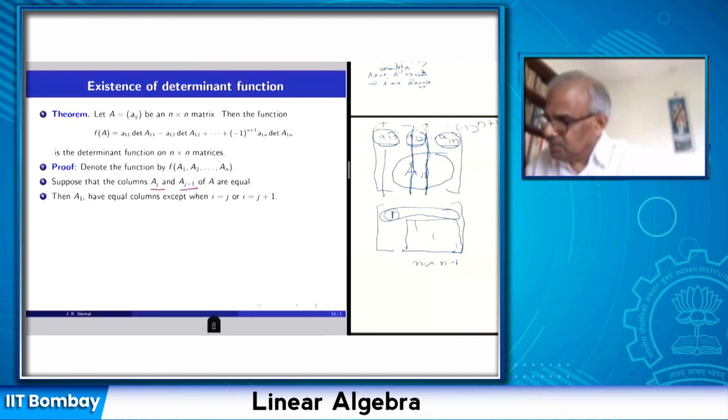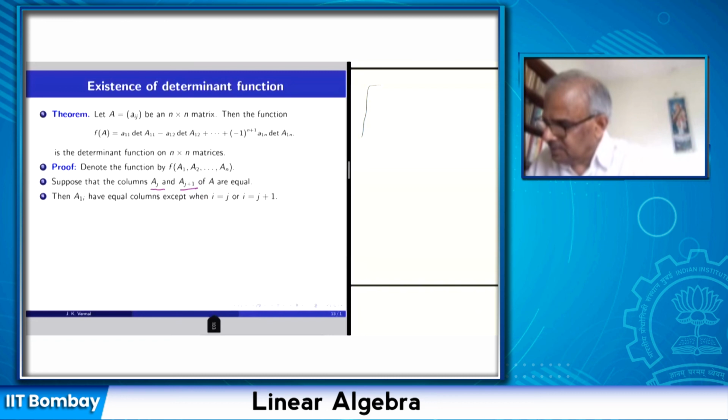So if I take such a matrix, let's say I have a 4 by 4 matrix, and the second and third columns are identical. Then how will f of A look like?